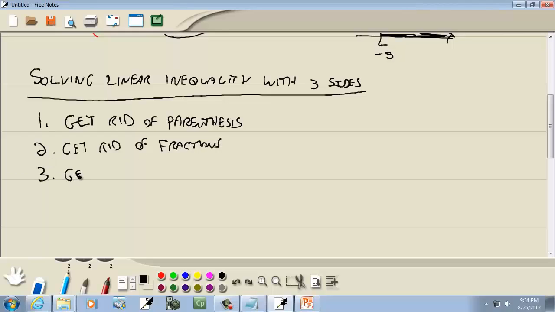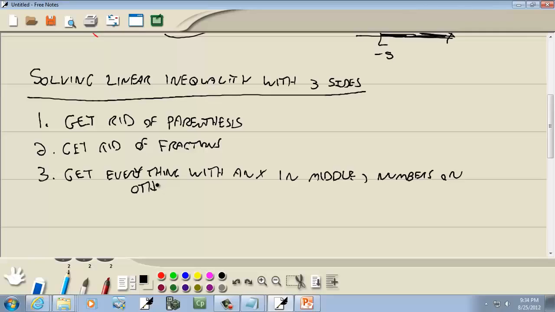Third step, get everything with an x in the middle, numbers on the other two sides. And step 4, divide all three sides by the number in front of the x.